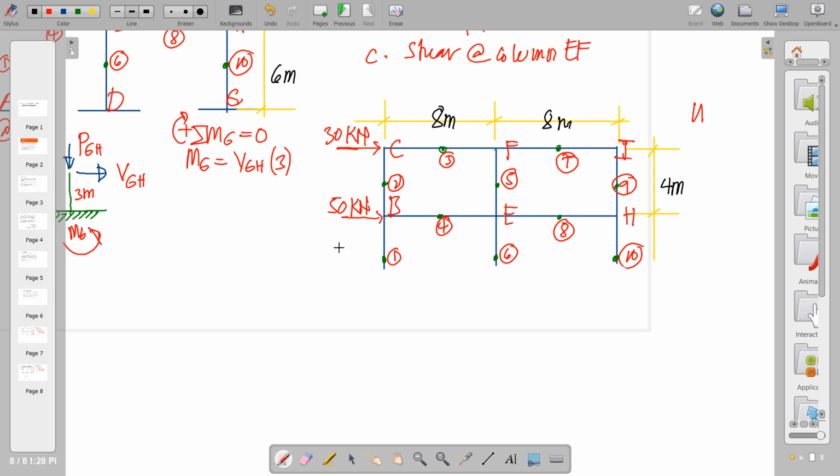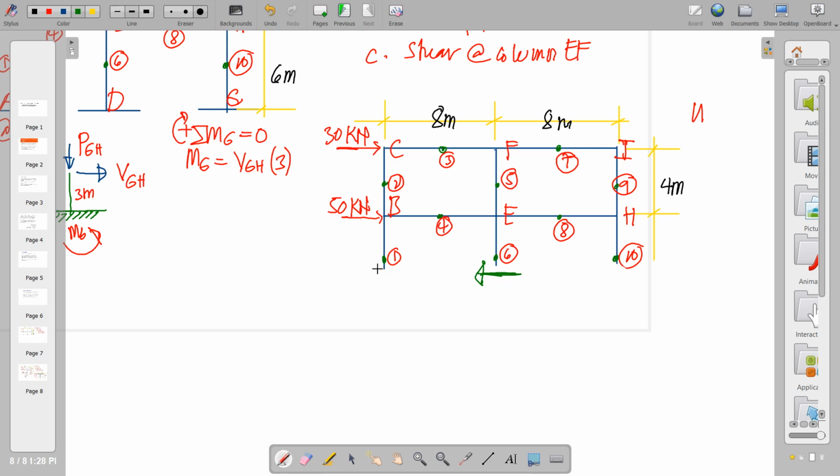So for basic assumption, this has a shear force against the direction of your lateral force here.